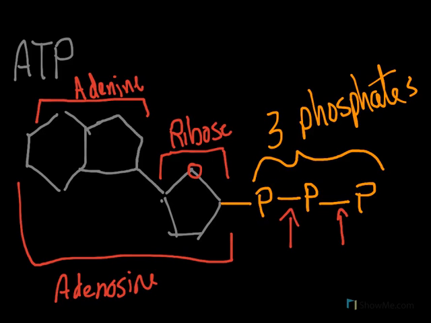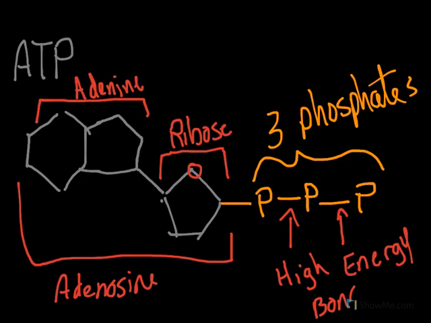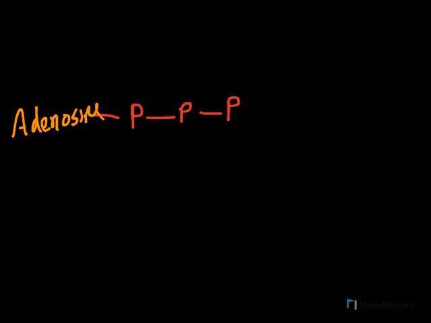So right there and right there and even there, we have high energy bonds. When the cell needs some energy, it breaks the bond within the phosphate, you break off a phosphate, and energy is then released.